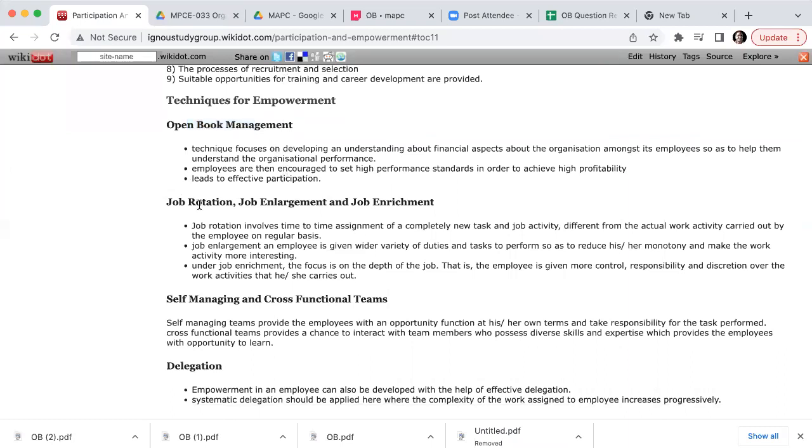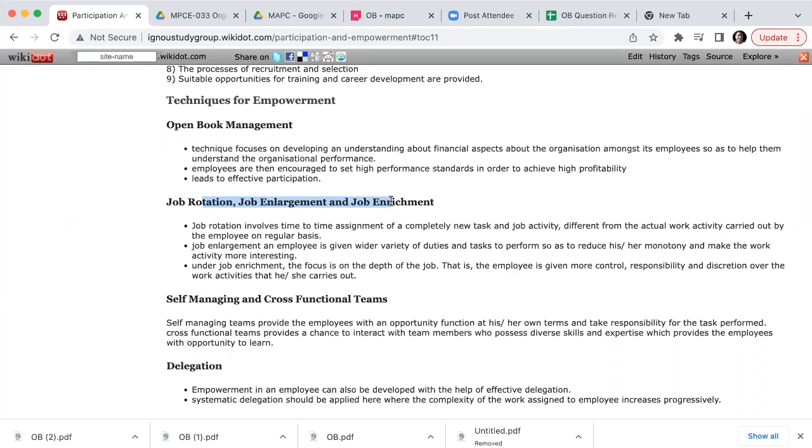Job rotation, job enlargement, and job enrichment. Net to net, you need to design the job so that it has sufficient control, which is enrichment. It does have responsibility, and at the same time it is not monotonous.